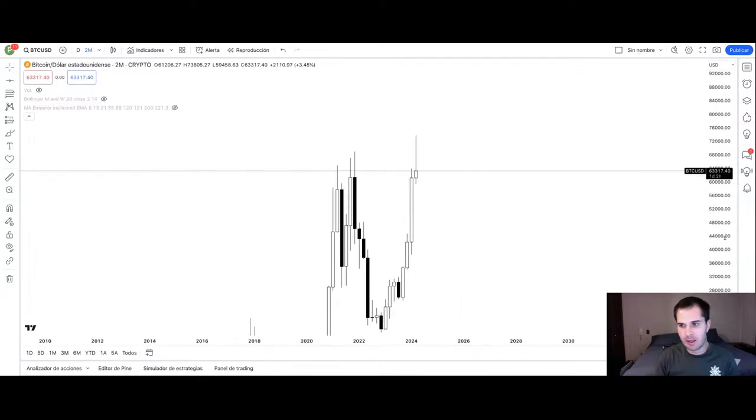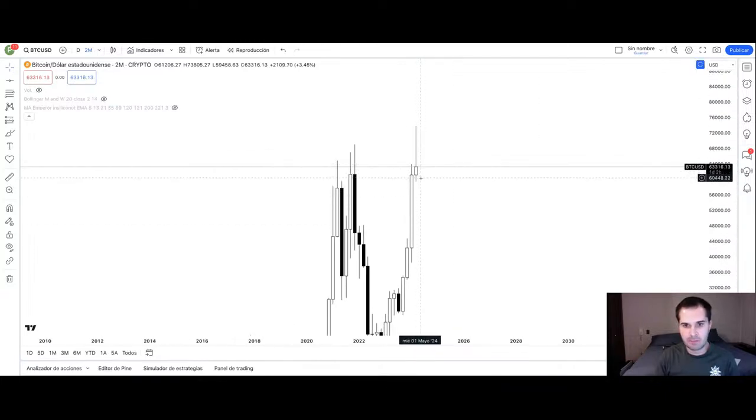The first thing, it's because we're closing green. We could have closed in red, and I mean, we'll still have one more day to go, but it appears that we're gonna close on the green, hopefully, and we're closing above 61.3K, which was a big level from past cycle.